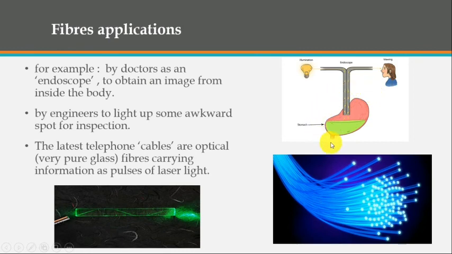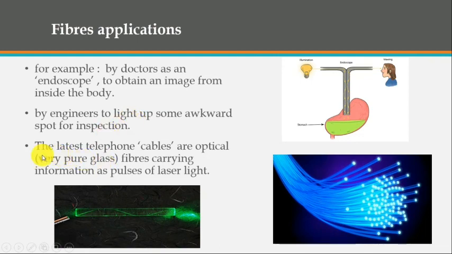For sure you heard about it, all of you. So here is the doctor and here is the light. When the light enters, the light will be trapped inside the glass until it reaches here and the doctor can see clearly what he wants to see. Also used by engineers to light up some awkward spot for inspection.